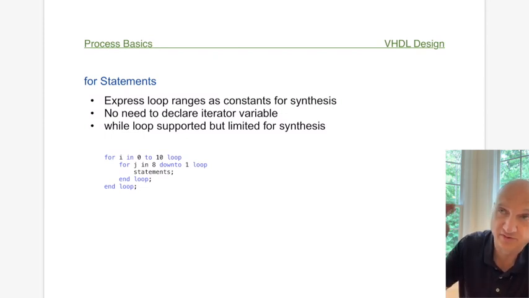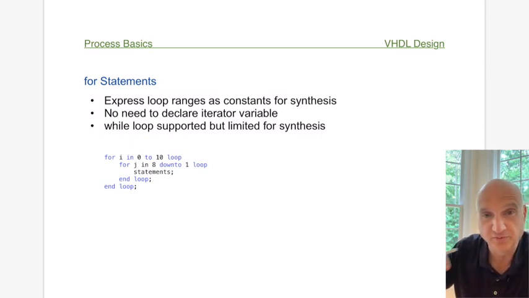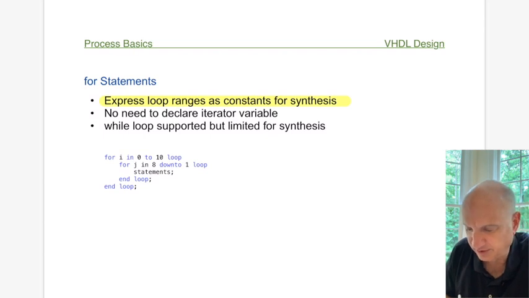Instead of going through and individually checking the switches one by one with separate code, we could simply loop through the vector and look at each bit one at a time and then test that out. One of the important things that we want to do is express our ranges for the loop in constants, and this is important for synthesis purposes.